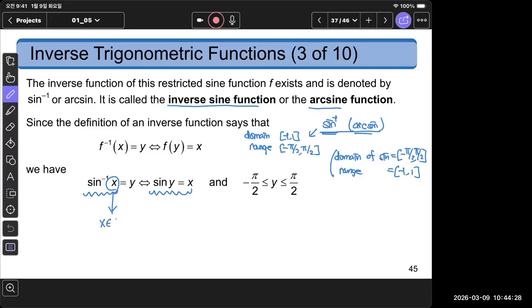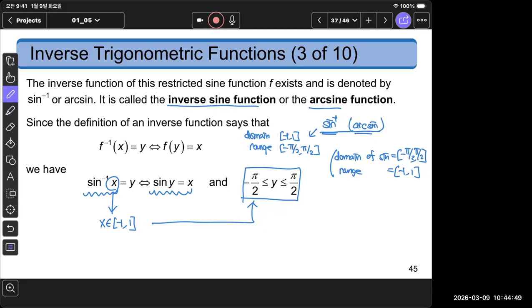So x will be any value between minus 1 and 1, and at that point the corresponding y will be a value between minus half pi and half pi. So please remember that, okay?